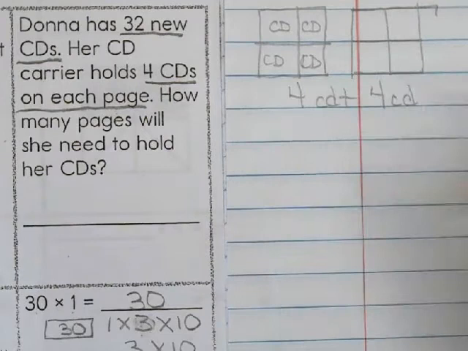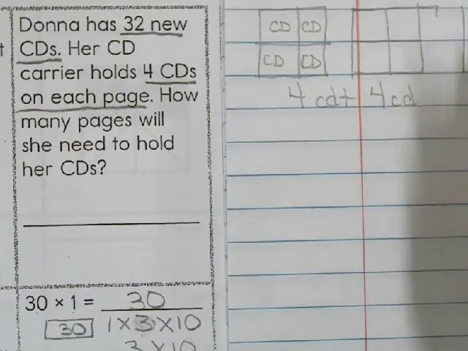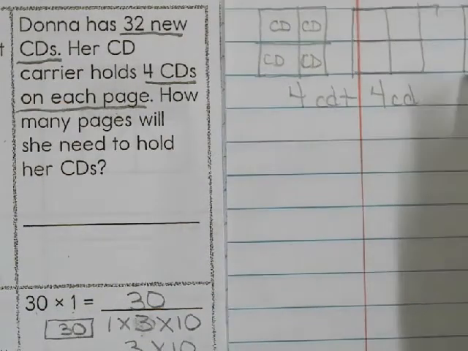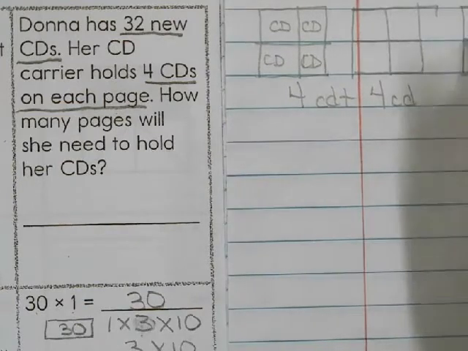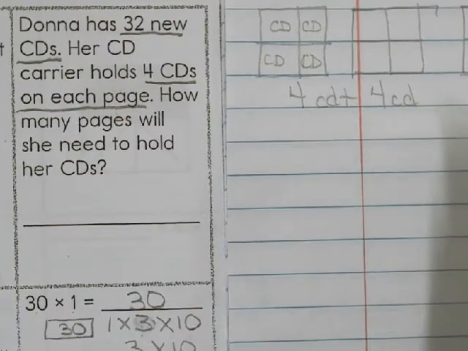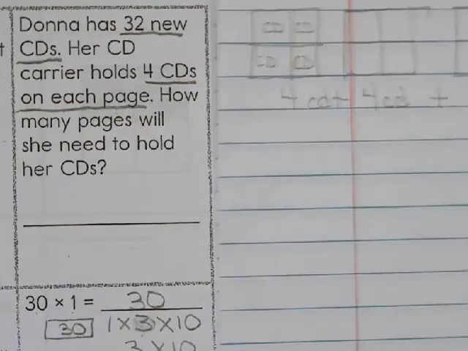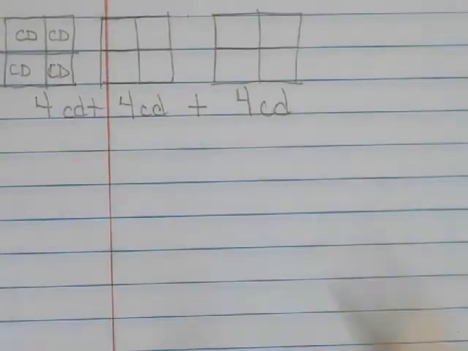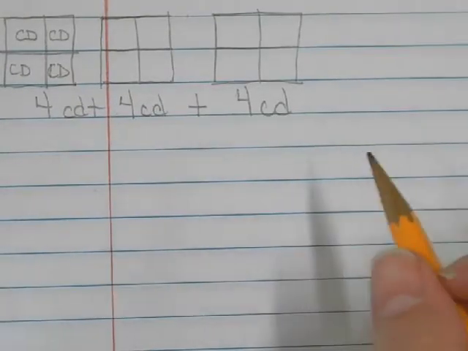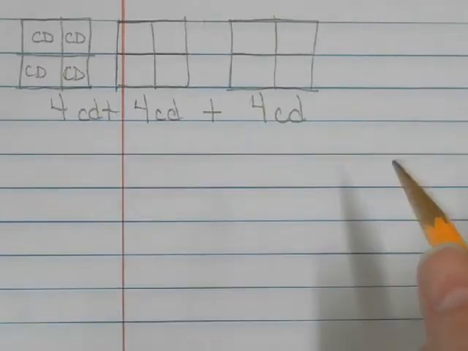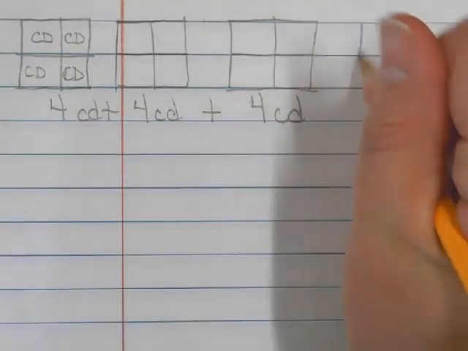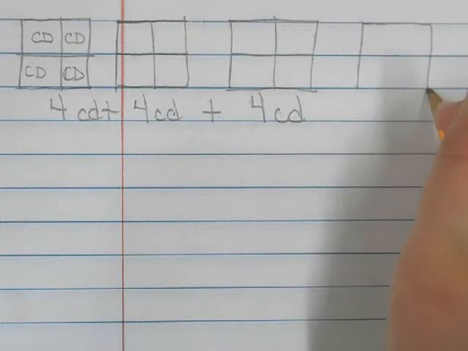So now we're at 8. We take another 4 CDs and place it on this page. And again, you can represent this using a bar diagram also. So if we wanted to take each bar and represent it as a page with 4 CDs on that page, you can also do that. I'm just trying to make this a little more visual.